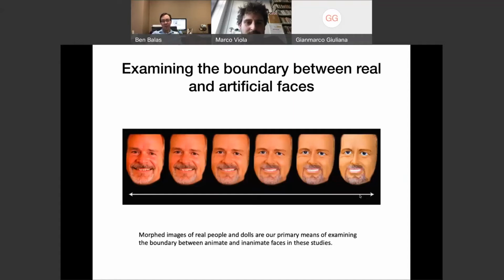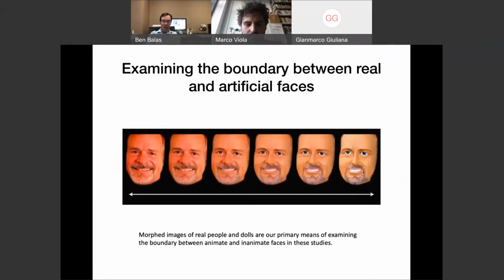And this is an image from this really nice paper by Looser and Wheatley in 2011, where they examined what they called the tipping point of animacy, or what they were really looking for was evidence of something like a sharp boundary between real and artificial faces, despite the fact that they were creating images that transitioned gradually from an image of a real person to the image of a doll that they blended it with.